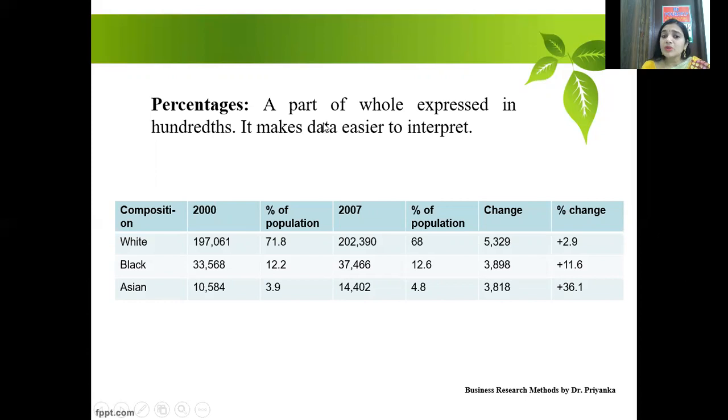Percentage means a part of a whole expressed in hundreds. It makes data easier to interpret. For example, you will be presenting the percentage of the whole population here, right? When you talk about percentages, it is always easier to understand the depth of the data, and it's easy to talk about.